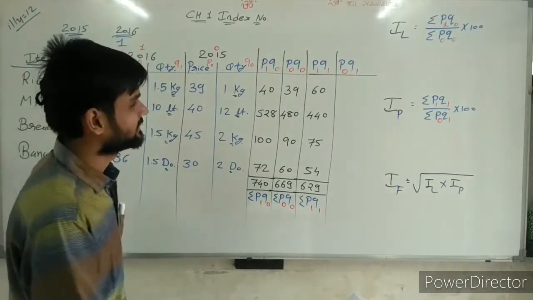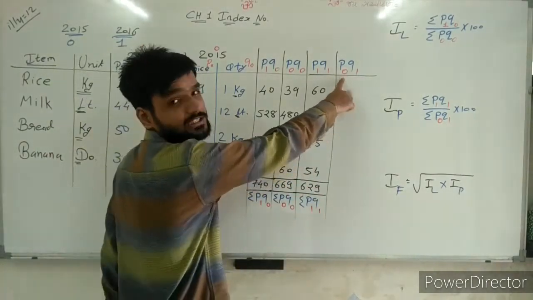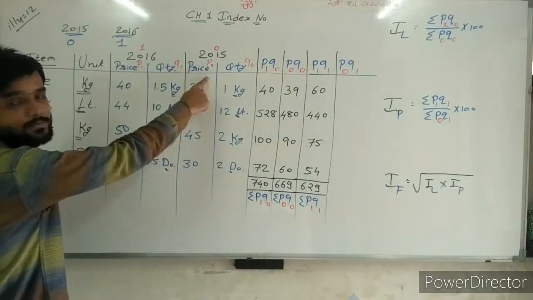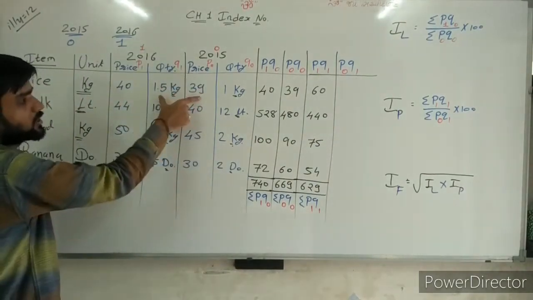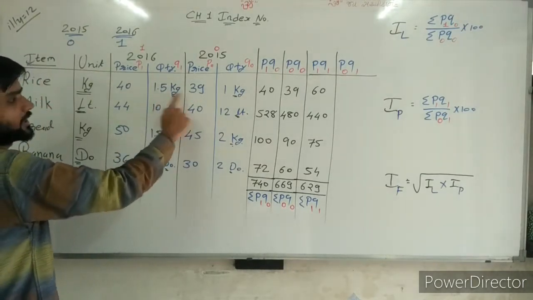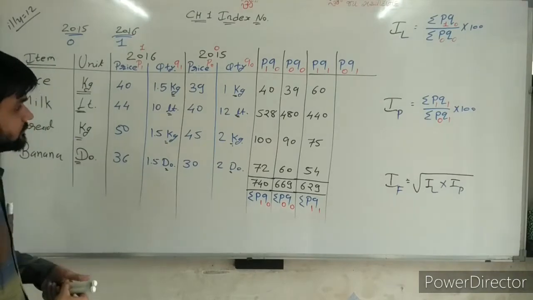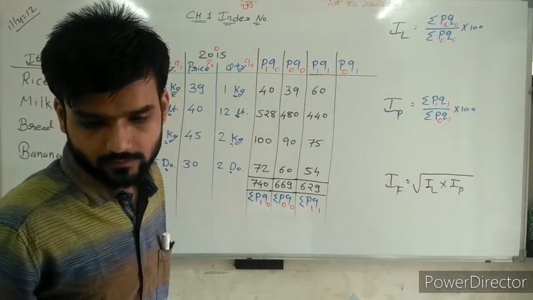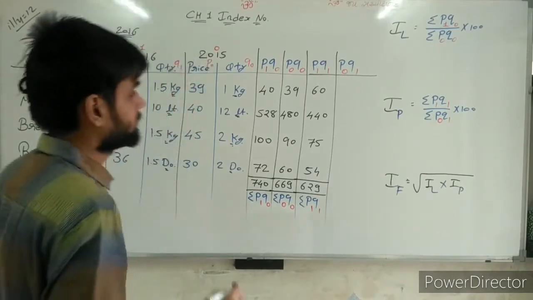Going ahead, last one, P0 and Q1. Multiplication of these two. So 1.5 into 39, we are getting the answer 58.5.